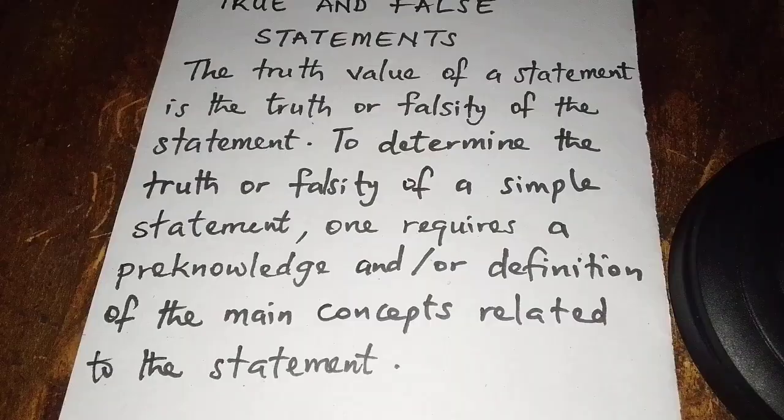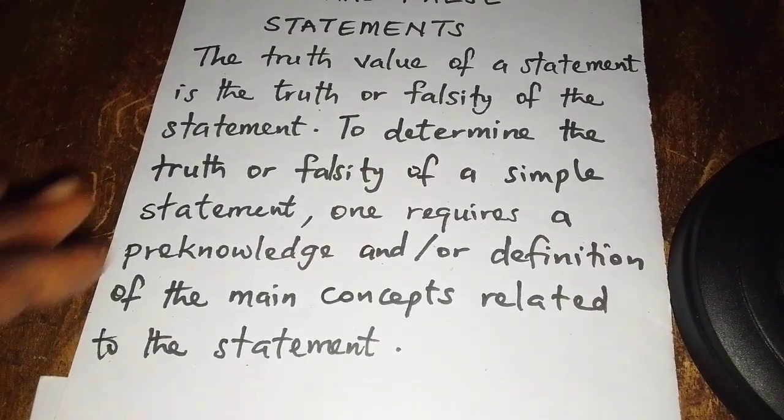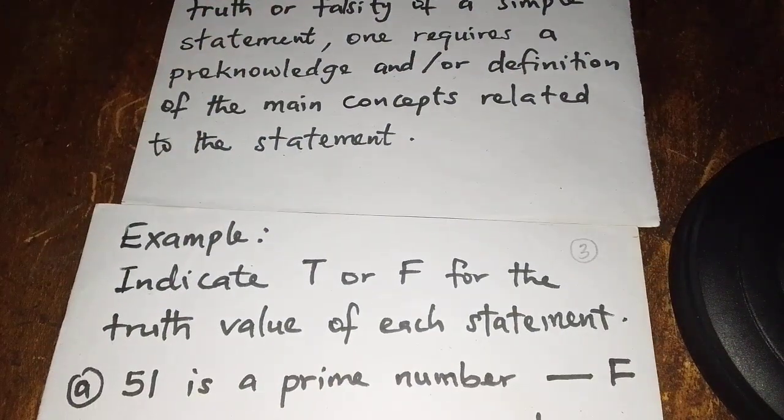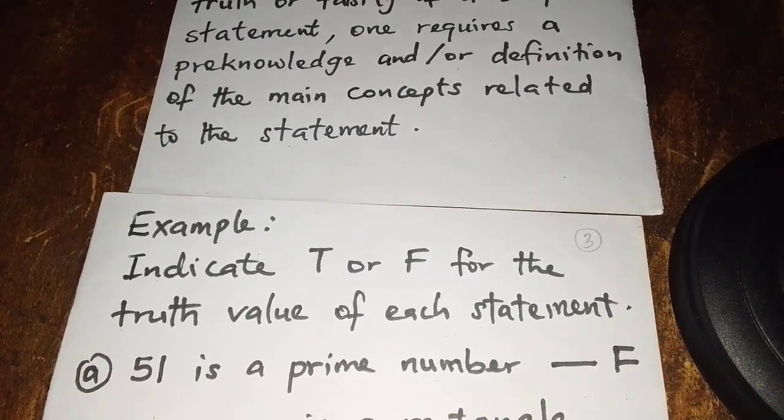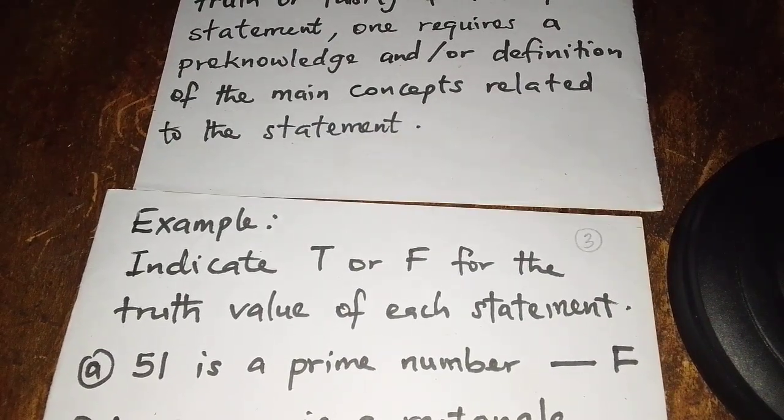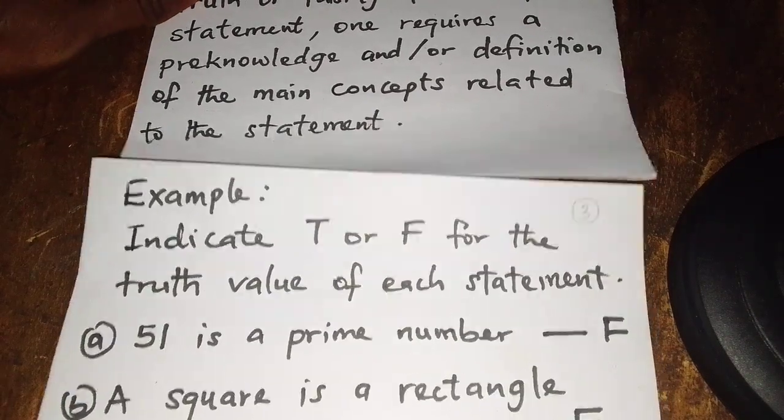Now, to really say if a statement is true or false, you should have a knowledge of what the statement is talking about before you can really assign it as true or false.